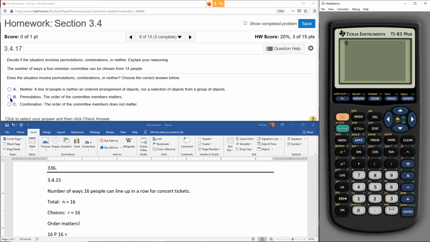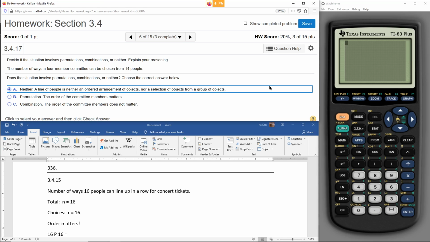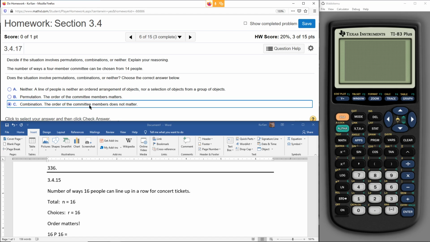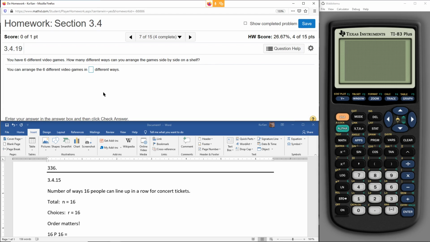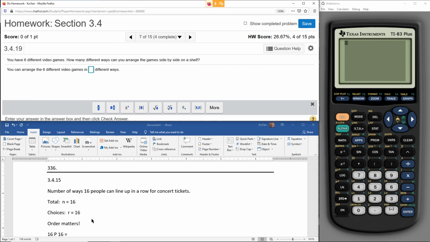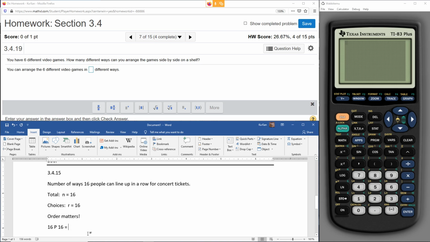Honestly, I think it's a combination now that I thought about it, because they didn't specify. Since they didn't say, we just assume there's a committee of just 4 people. So it all depends on what kind of committee we have. It could be a committee of public safety, and that is all ranked. So you might need to Google that if you want to figure out what I'm talking about.